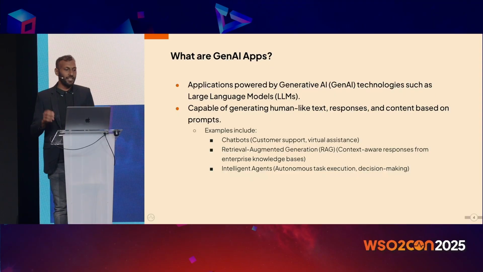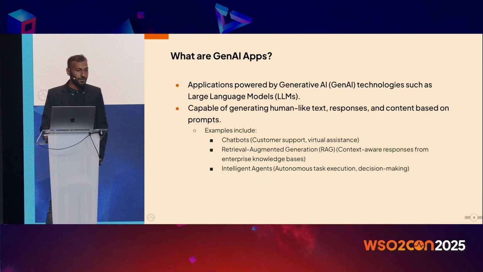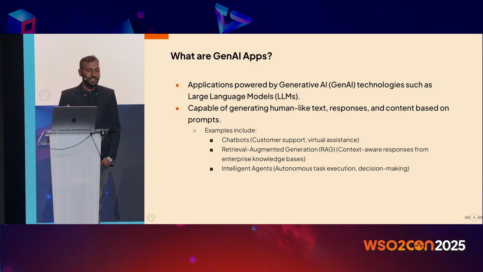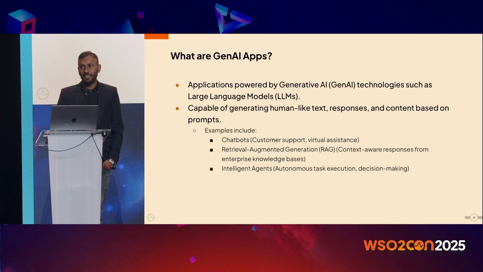Those applications will be capable of understanding human language, and they can respond in a manner that humans can understand, in voice, text, image, or video. Basic examples are chatbots, RAG-based applications, and agents.